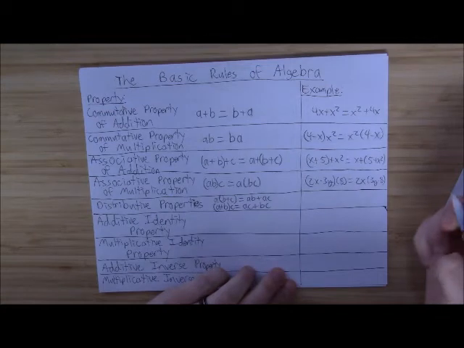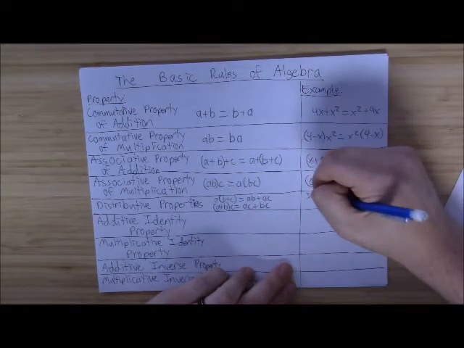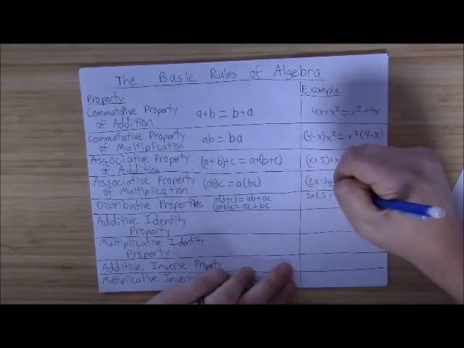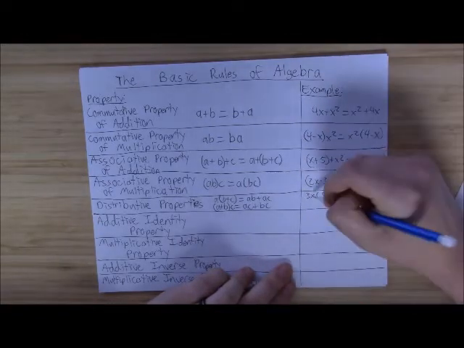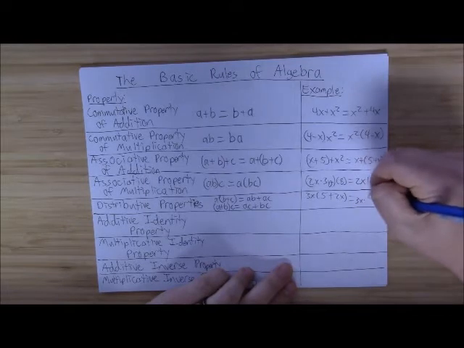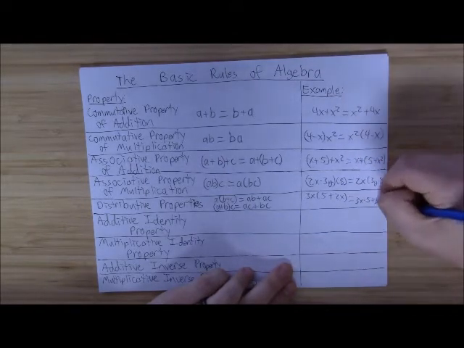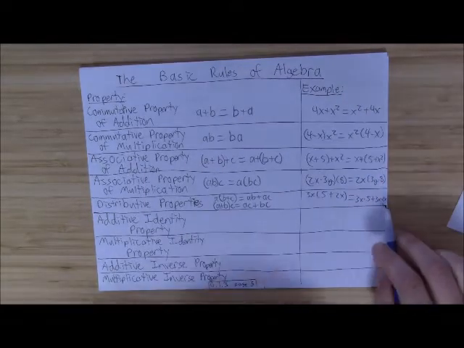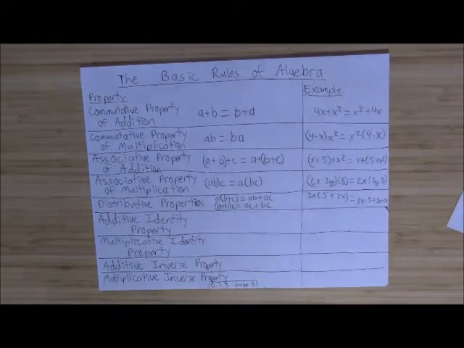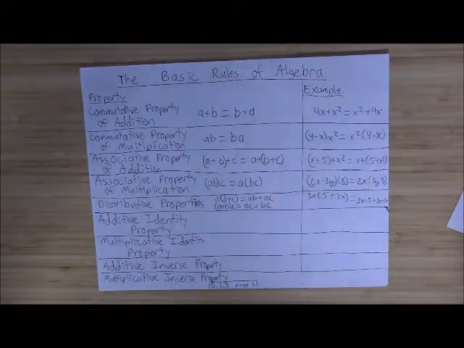For example, we have that 3x times (5 plus 2x) would be the same thing as saying 3x times 5 plus 3x times 2x, where again it's assumed that the multiplication happens before the addition based on order of operations.